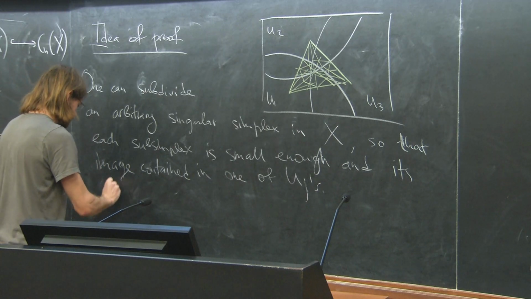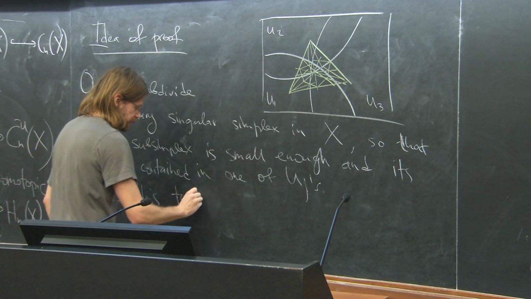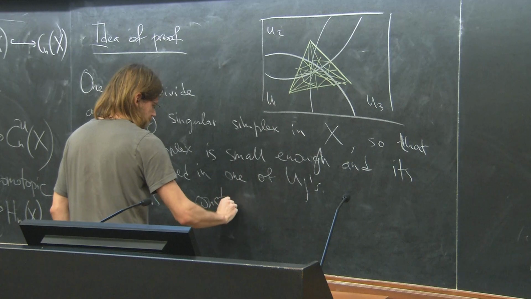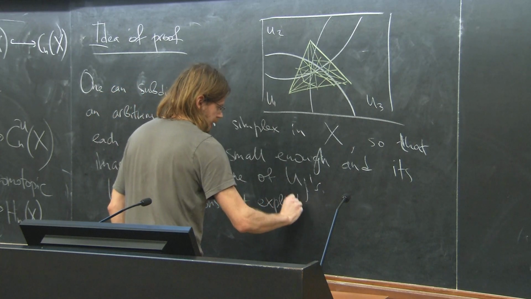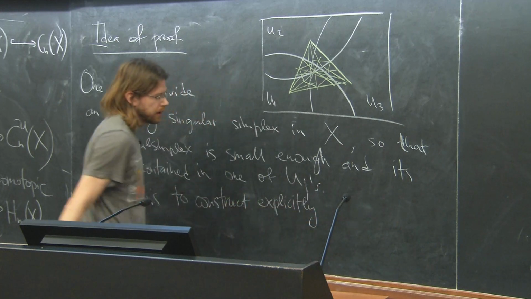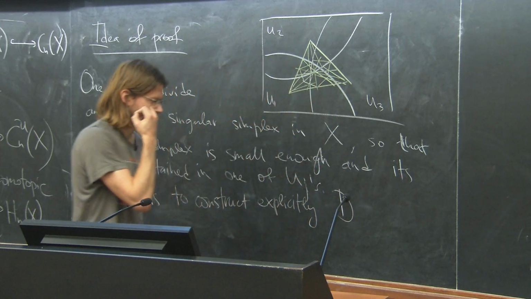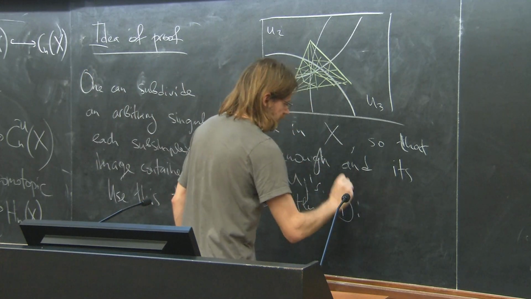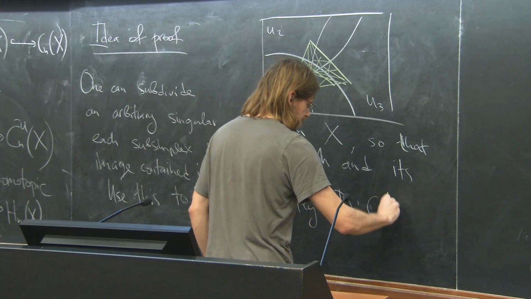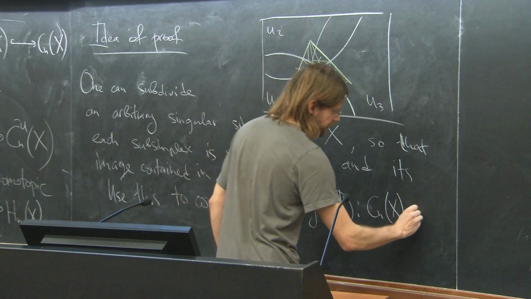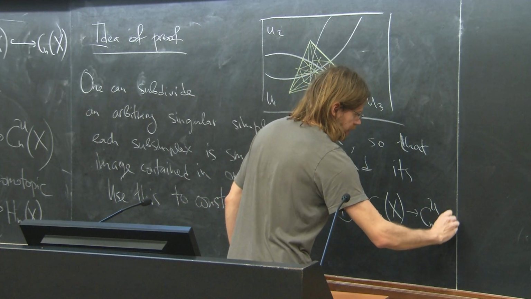And one can use this to construct a map D, capital D, from Cn of x to Cn of x.